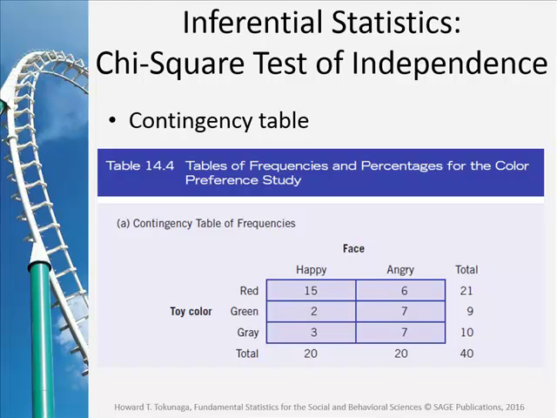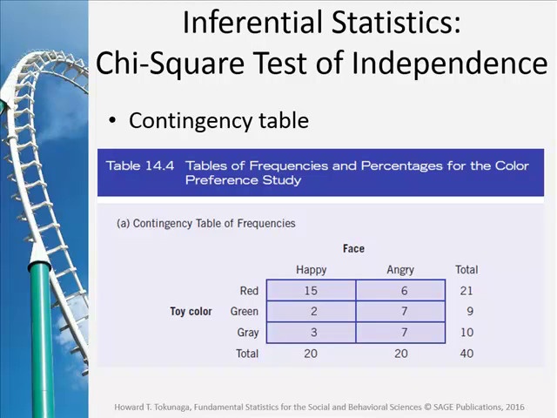When they selected a toy, of 20, right, 75% of the children associated a happy face with the red toy. When they were given an angry face, it looks like we have an equal distribution, 7, 7, and 6.